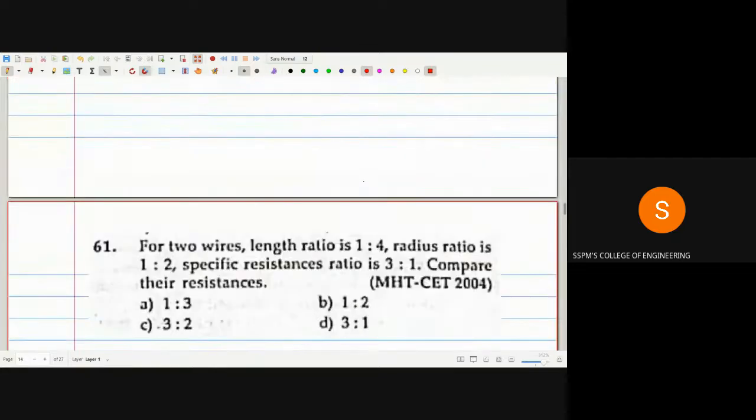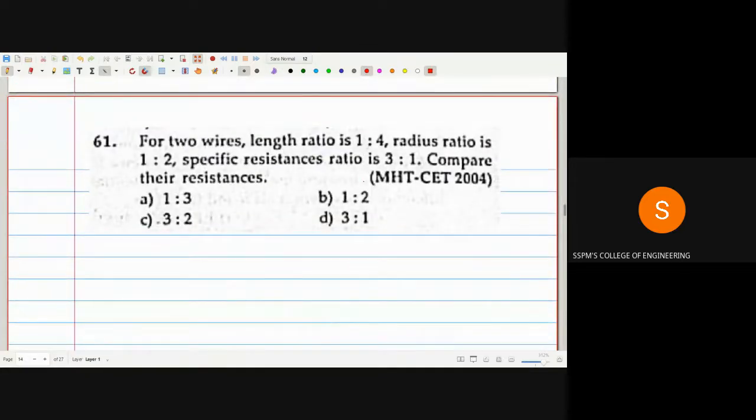The next example is similar. Two wires are given with the length ratio L1 by L2 as 1/4. The radius ratio R1 by R2 is also given as 1/2. And the specific resistance ratio ρ1 by ρ2 is 3 divided by 1.